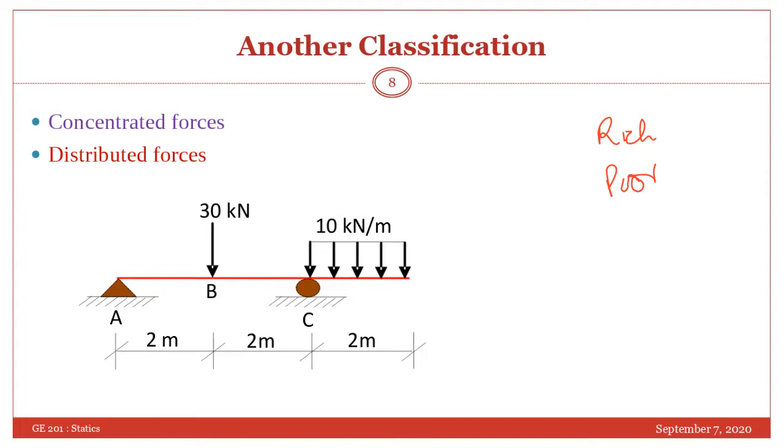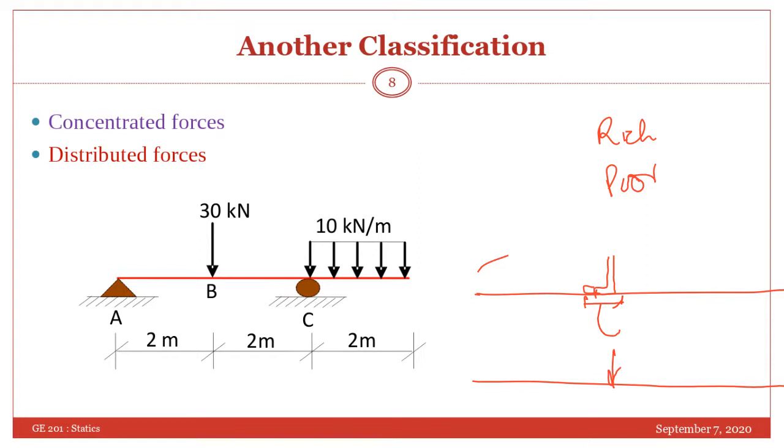Same thing here also. Take a man who is standing on a long bridge. You can say that the force which his legs are applying, compared to the entire length of the bridge, is very, very small. So this we can consider as a concentrated force.